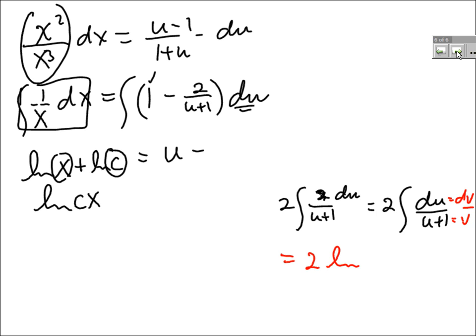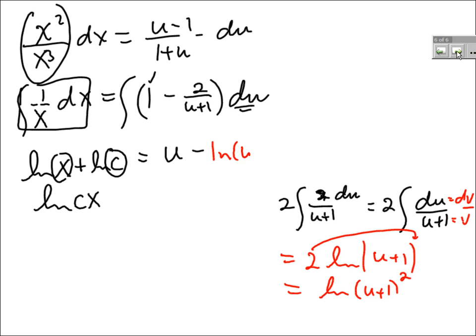So this is 2 times ln of v. But v is u plus 1. And then I will write this as ln of u plus 1 squared. Ln of u plus 1 squared. So this is this.